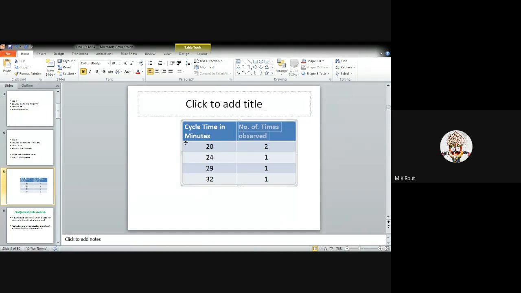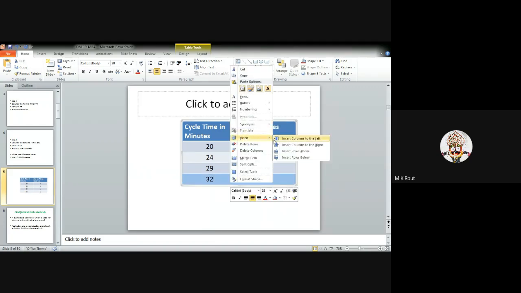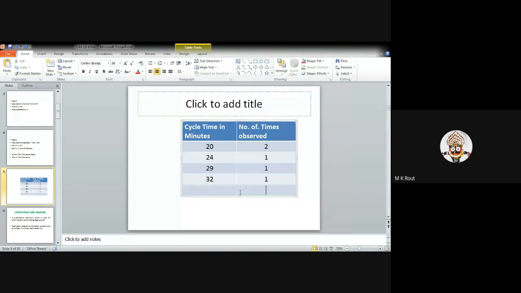So here is the data table. First one is 36, 37, the next one is 38, 39, the last one is 40, and the frequencies are 1, 3, 3, 2, and 1.